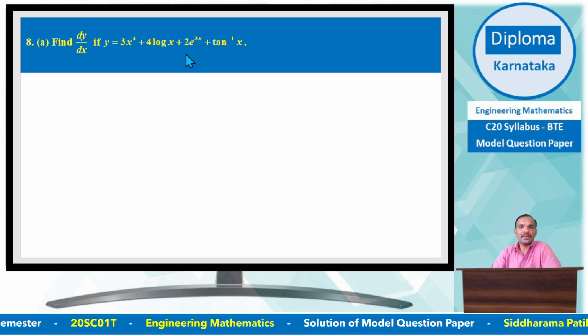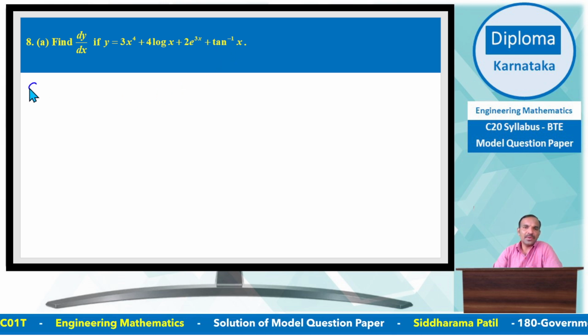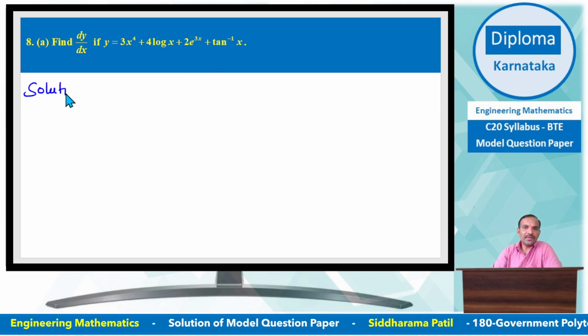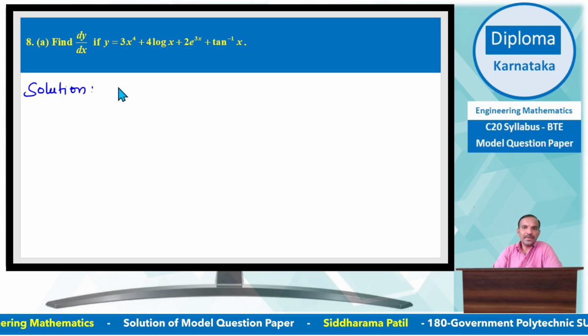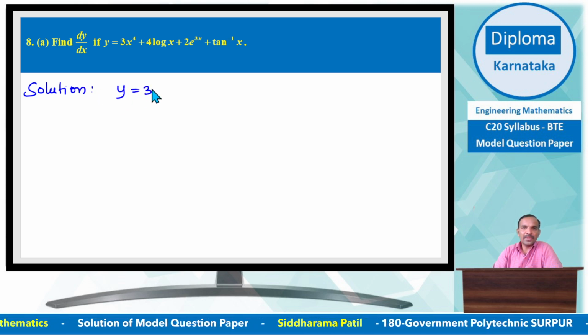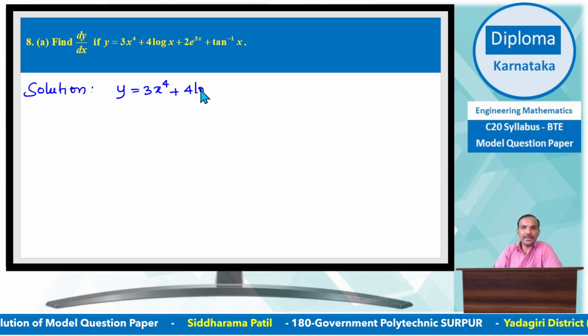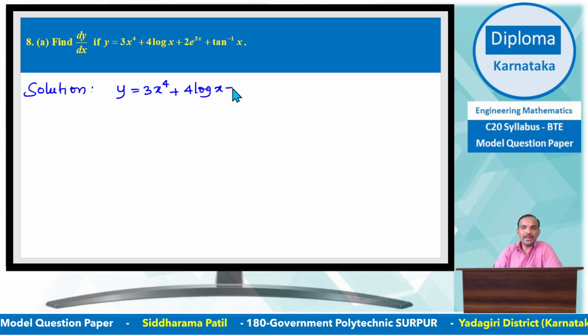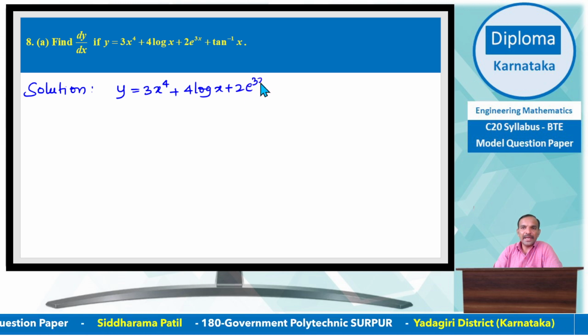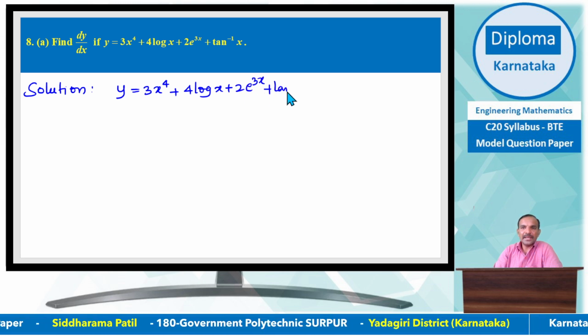Now solution. Write down the given equation: y equal to 3x to the power 4 plus 4 log x plus 2 e to the power 3x plus tan inverse x.